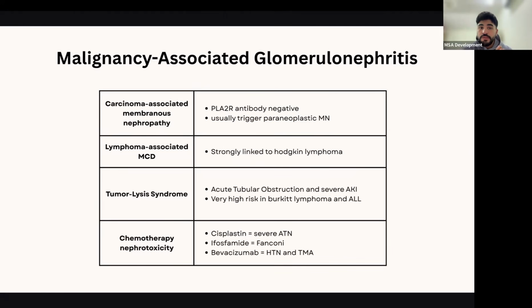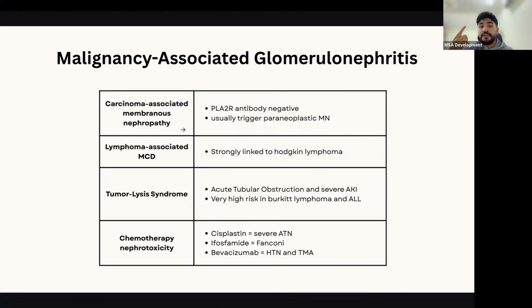Now there are some conditions that are associated with tumors, cancer, which definitely will lead to glomerulonephritis in a patient. What are they? The first one is carcinoma-associated membranous nephropathy. Now, in this one, you need to remember two things.